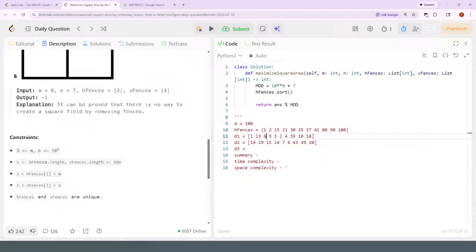And then 19 plus 9 is 28, which is 2 to 30. I don't know if this is any good. Seems like a whole lot of junk.